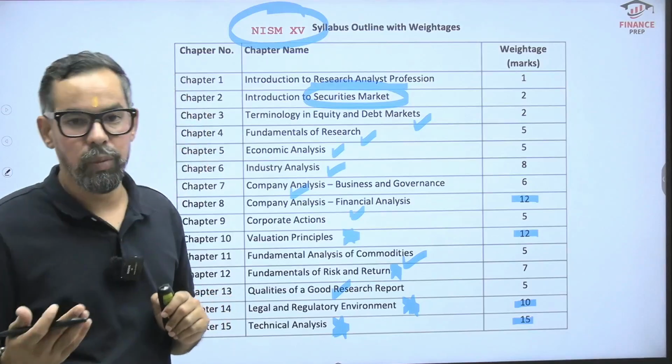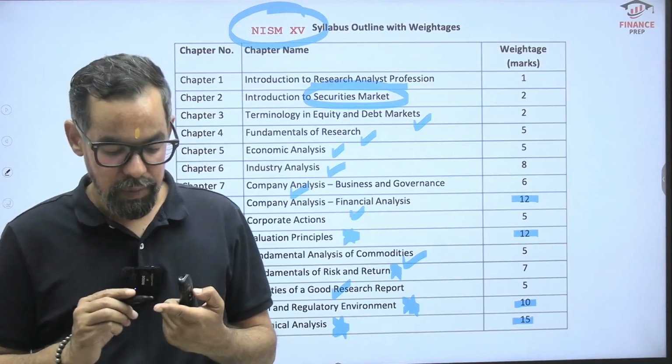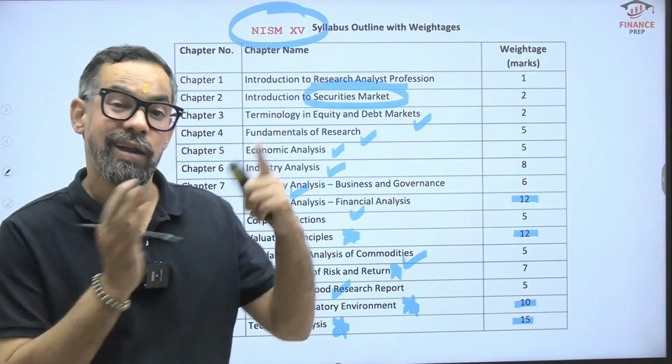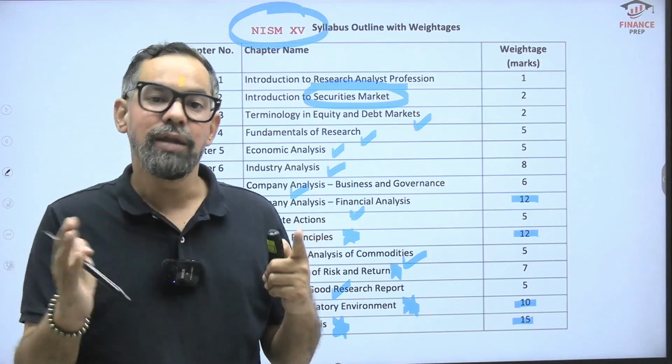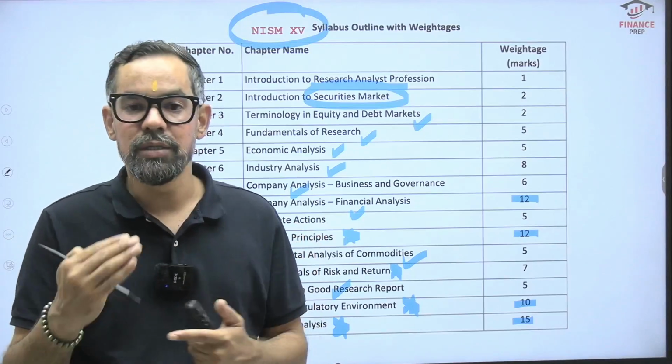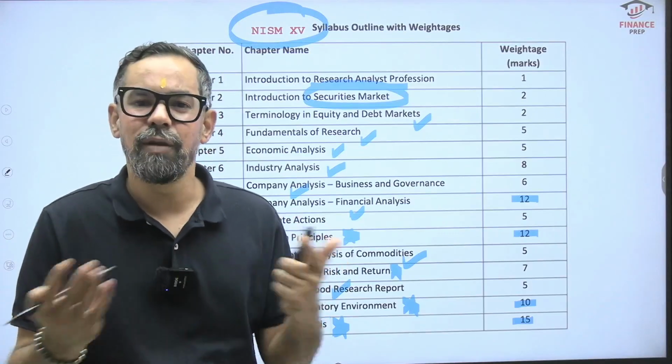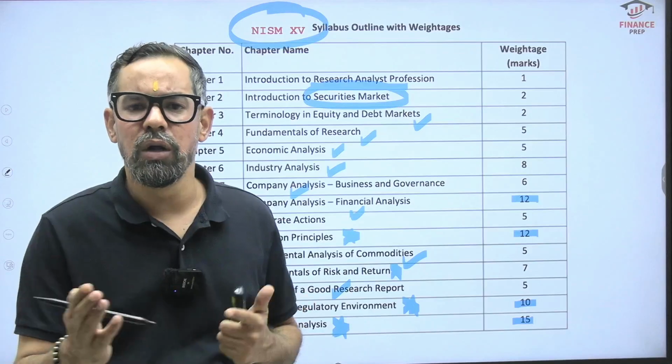Now, how to prepare. The prerequisite is that I would not suggest jumping directly to this one unless you have a basic base, like if you are already working with some bank or financial institution, which means you are okay with mutual funds or the basic equity things.